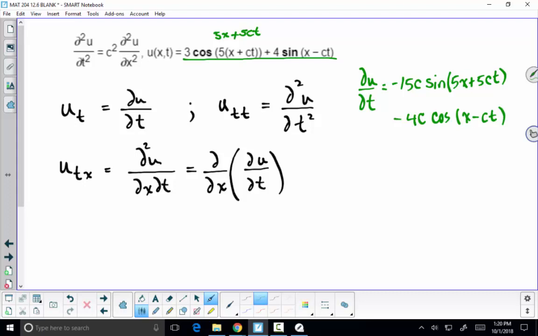And then if we want to take the partial of that, we do it again with respect to t, so then we can get our second order partial. So do the same thing again. The partial of the inside here with respect to t is 5c, so we're going to get a 75 on the outside, and I'll let you try the next one on your own.